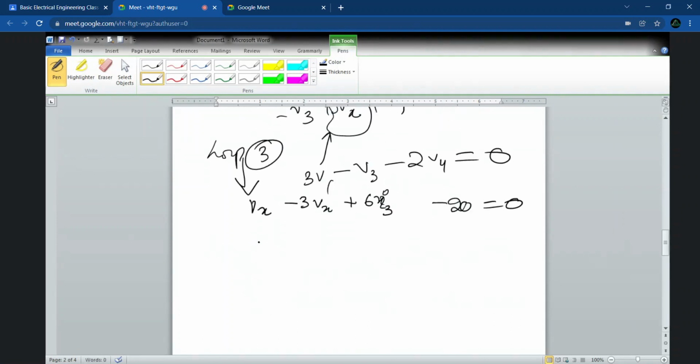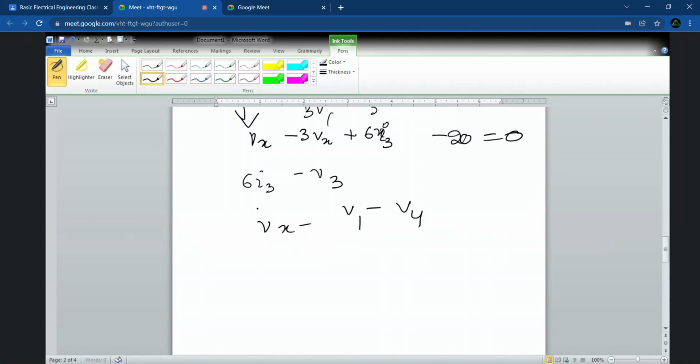Yes, ma'am. Okay. Now we can say 6i3 will be equal to simply v3 minus v2, and vx is equal to v1 minus v4, because there are many unknowns in this particular equation. So we need to just make it simpler. So we will be just replacing 6i3 is equal to v3 minus v2, and vx is equal to v1 minus v4.